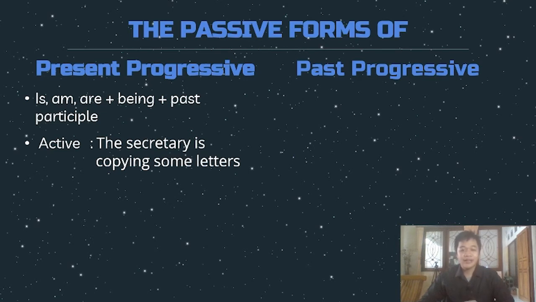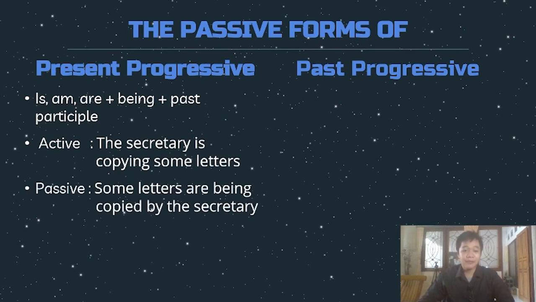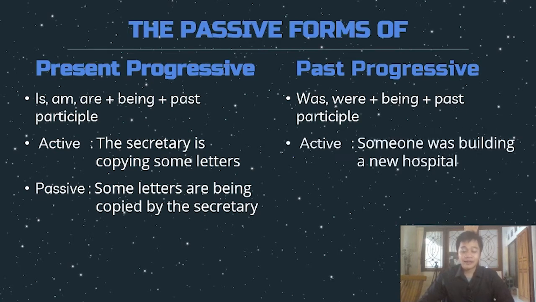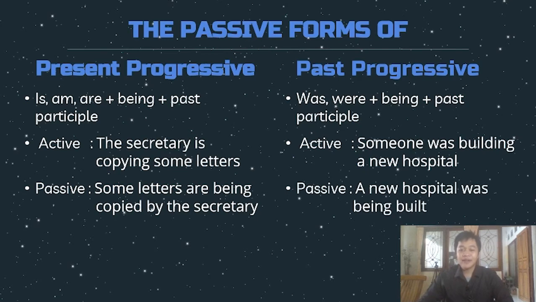When we change it into the passive present progressive, it becomes: some letters are being copied by the secretary. For the past progressive, the form is was or were, depending on the subject, plus being plus past participle. Example, the active sentence: someone was building a new hospital. The passive: a new hospital was being built.